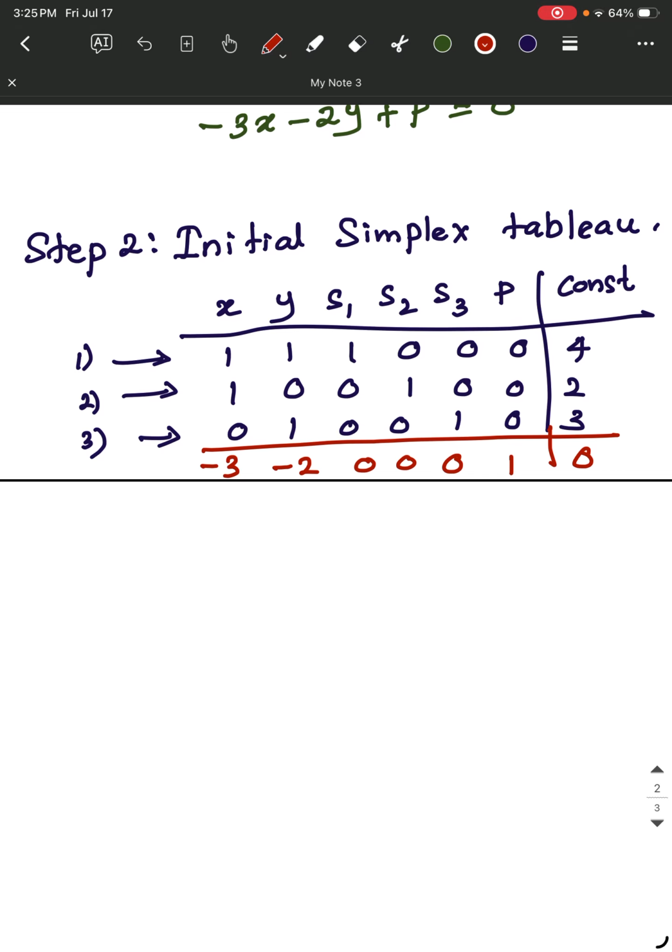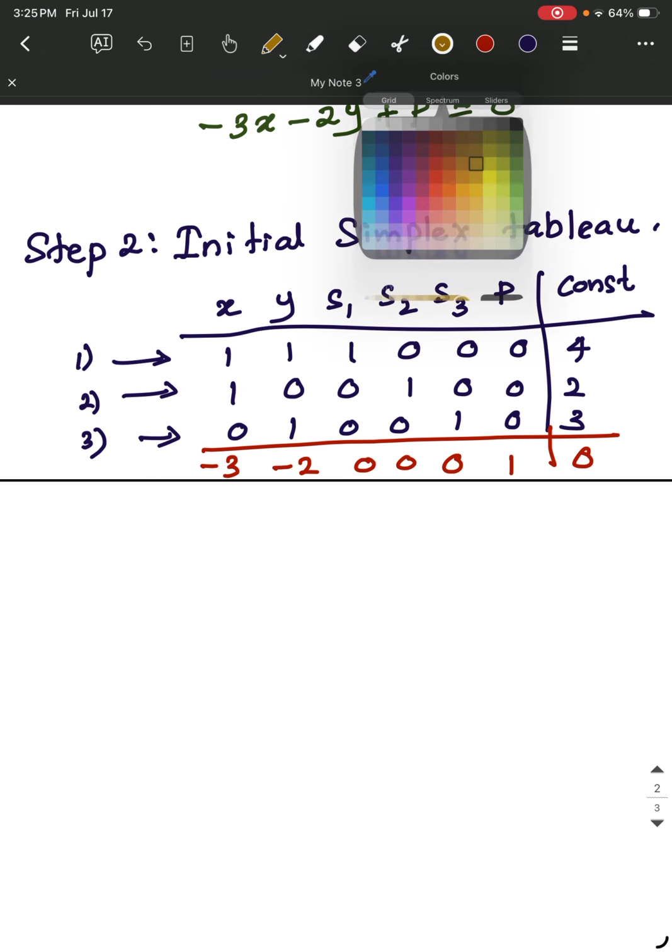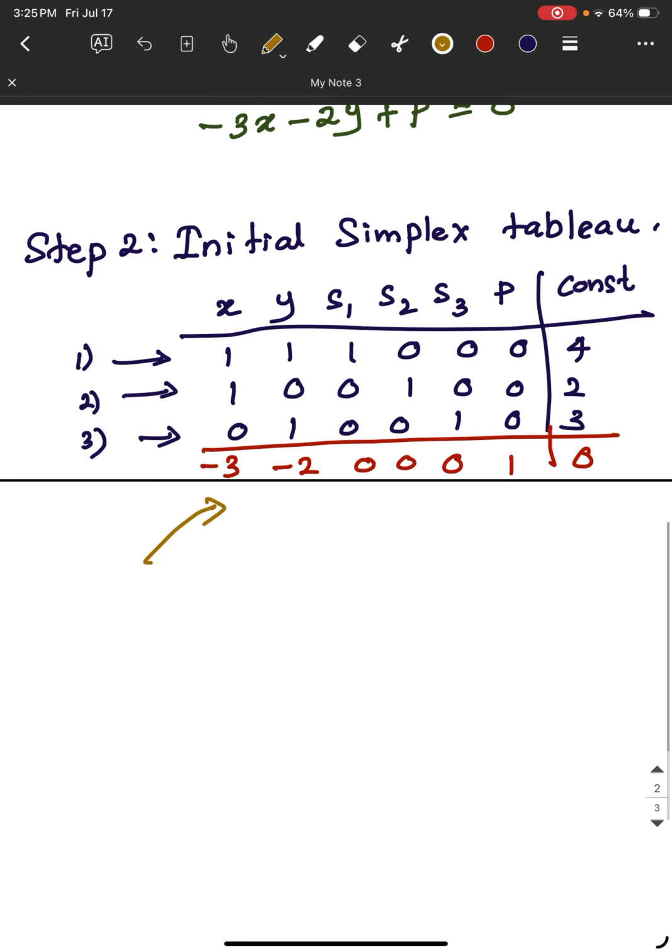Now look at the bottom row of the initial simplex tableau.